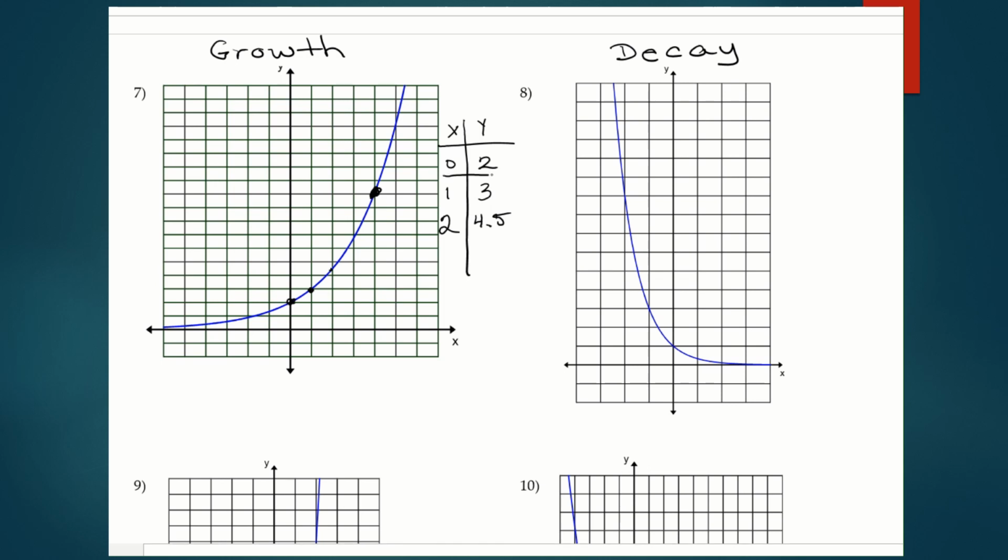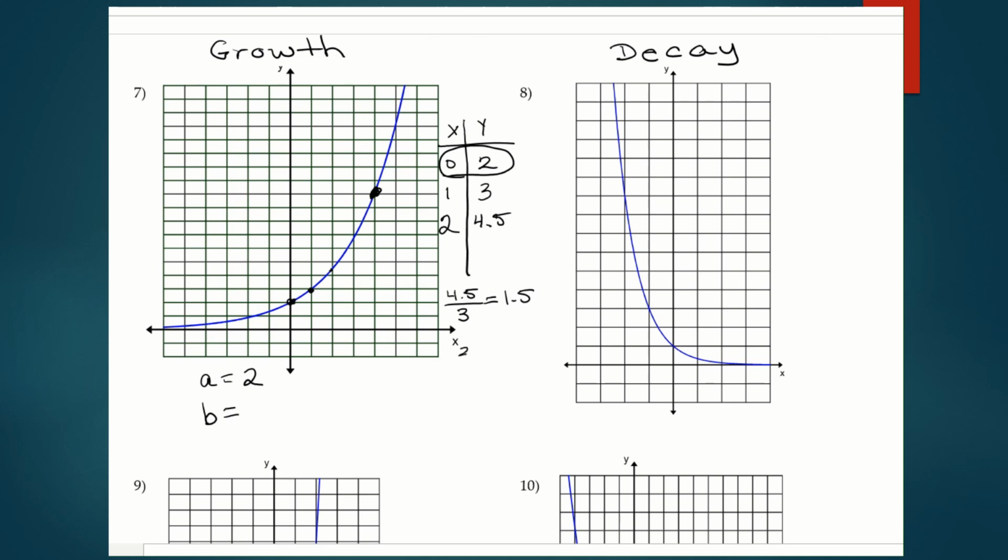So looking at my table, 0, 2, that at least gives me A. So I'm going to write this down here. A is 2. My B, all right, how did I get from one term to the next? How did I go from 2 to 3 or 3 to 4.5? Again, if you are not 100% sure, go ahead and do some division here and work backwards. So 4.5 divided by 3 gives me 1.5.